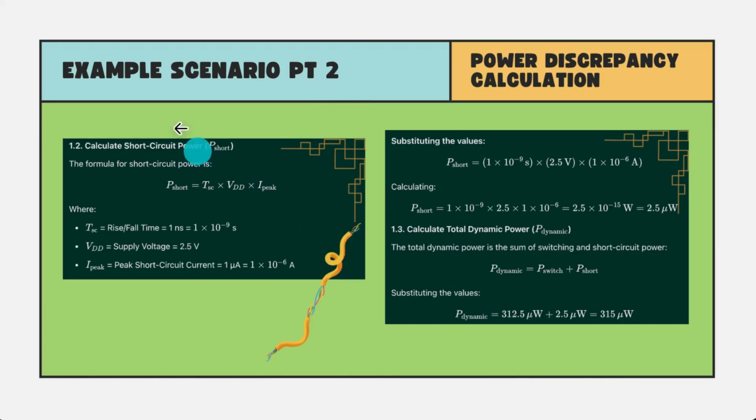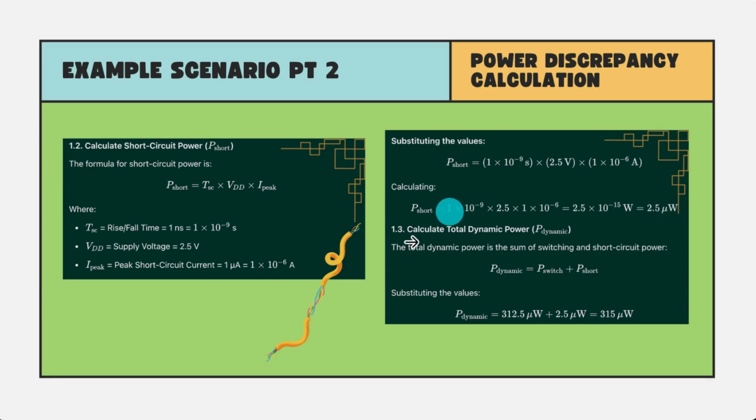In the next scenario, part 2, we just need to calculate the short circuit power, for which we have the formula of P short: rise and fall time, multiplied by supply voltage, multiplied by peak short circuit current. Then, substituting the values into the formula and calculating, results in 2.5 microwatts.